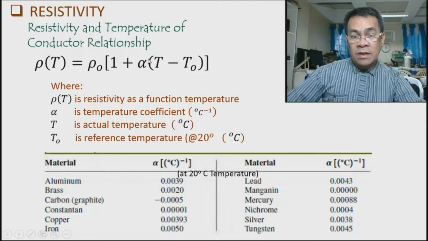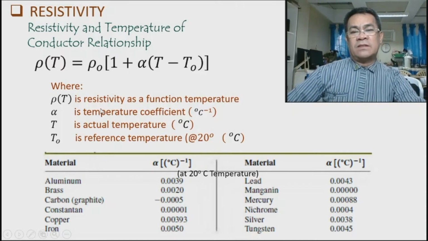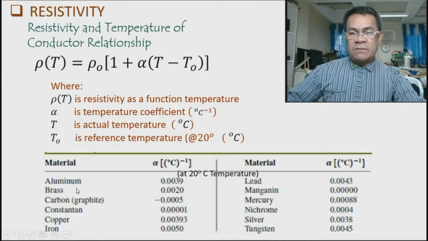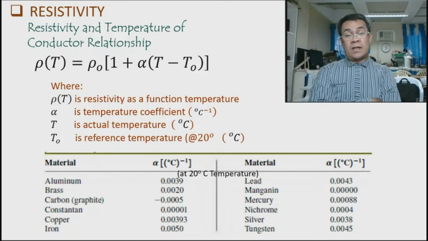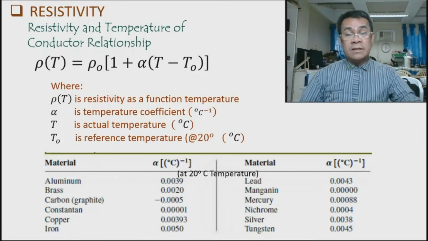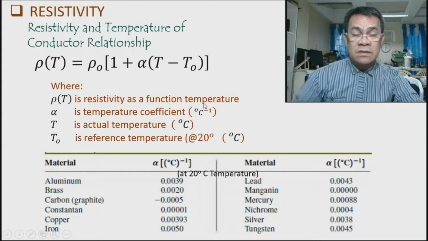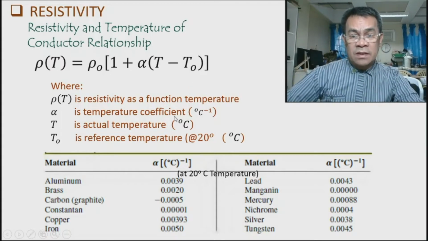And after that, wait, this is not the resistivity, this is the temperature coefficient. Take note, this is constant. Therefore, for every material, aside from the resistivity, we also have the temperature coefficient. The unit is per Kelvin or per degree Celsius.